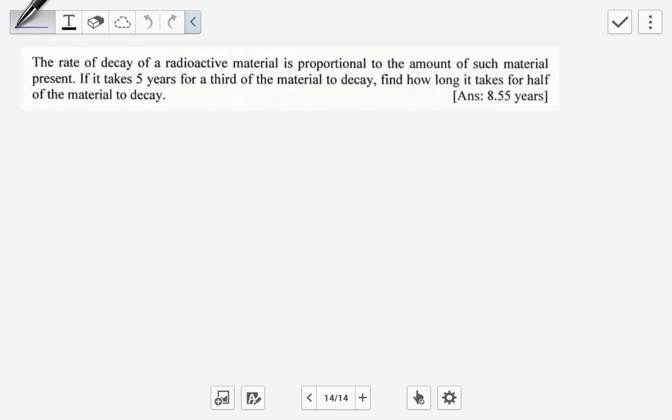So let x be the amount of radioactive material present.